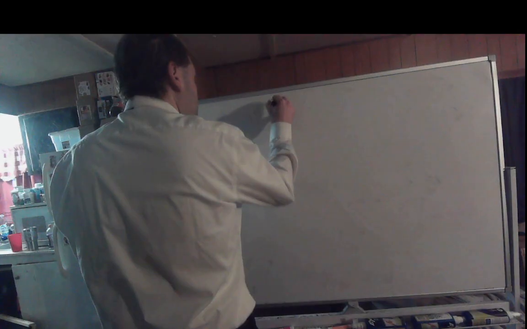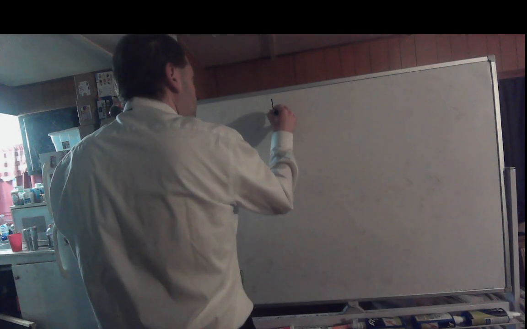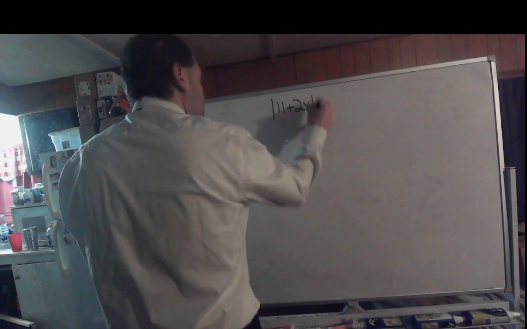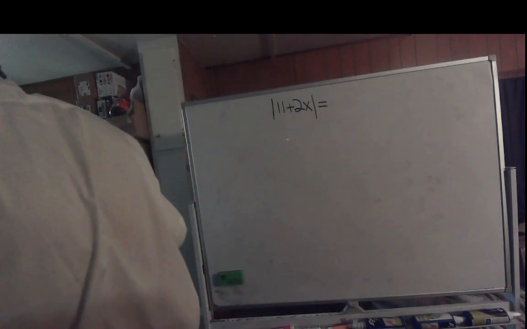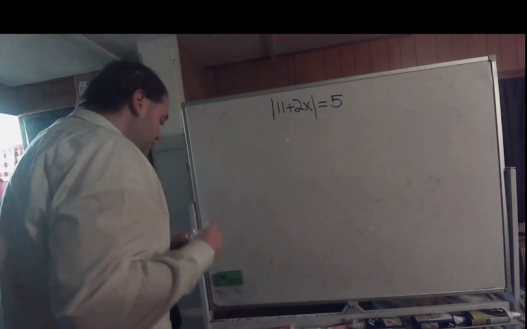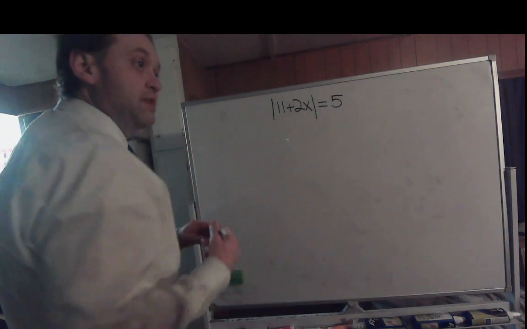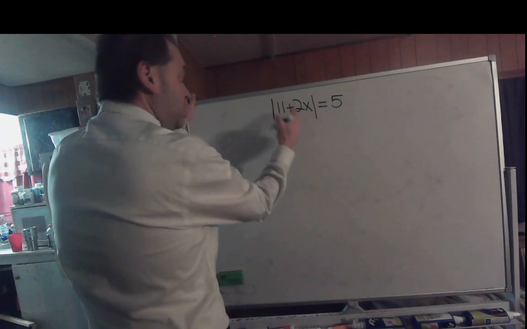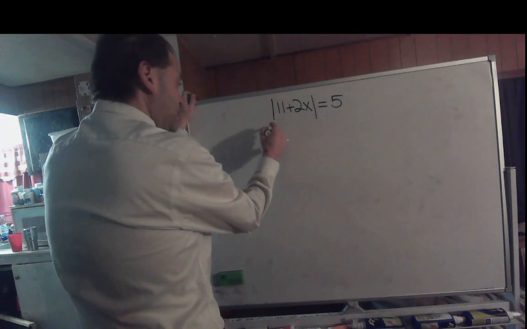Now we'll demonstrate here with some equations, then we'll move on to absolute value inequalities. Alright, so let's say you have the absolute value of 11 plus 2x is equal to 5. So what you're going to want to do then, always take what's inside your absolute value.